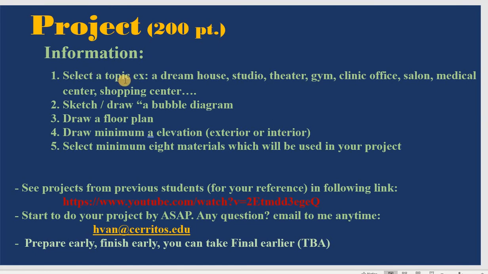The first one, you select the topic. For example, you can think about a dream house, studio, theater, gym, clinic, office, salon, medical center, shopping center, or one interesting topic you like best and want to design for. Number 2, start to sketch and draw a bubble diagram.